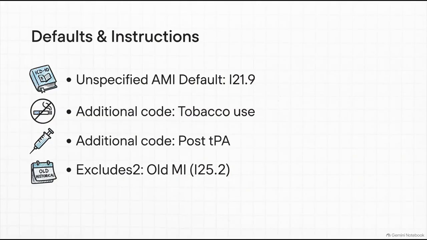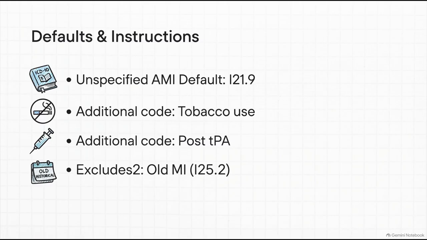We absolutely have to talk about default and instructional notes, because this is where coders lose easy ground. If the chart just says acute MI and it's completely unspecified, I21.9 is your default. But listen to me carefully here. Never, ever ignore your tabular instructional notes. You are strictly mandated to use additional codes for tobacco use, dependence, or exposure.